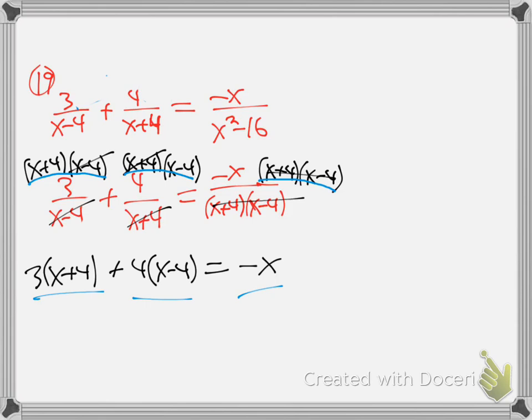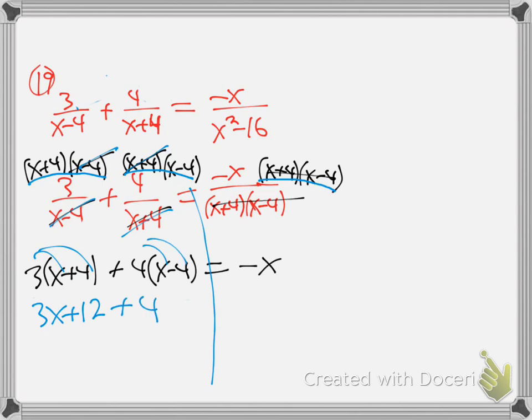And then you cancel these out like that, cancel these out like that, and then we end up with this down here, like that, for the equals problems, and then distribute 3x plus 12. And distribute 4x minus 16 is minus x like that.